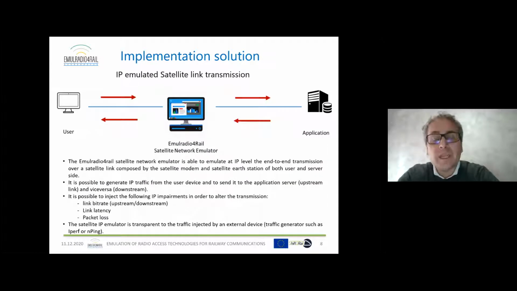From the emulation point of view, we mapped the previous scheme of the satellite network into a satellite emulator at IP level. In this way, our emulator is able to emulate the transmission, the traffic at IP level, in order to have an end-to-end transmission.